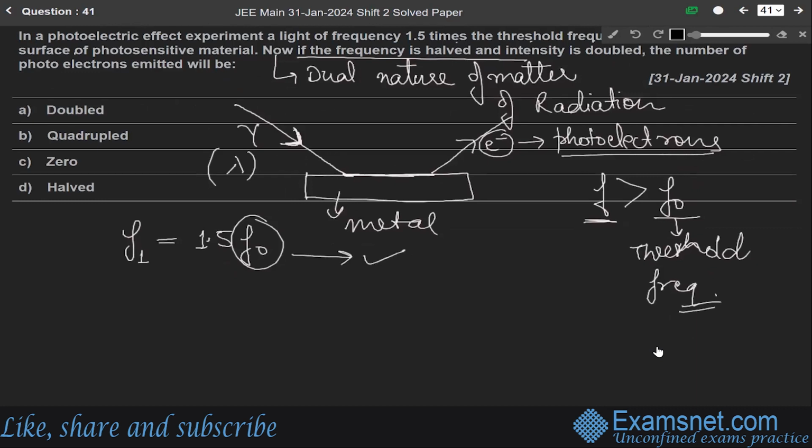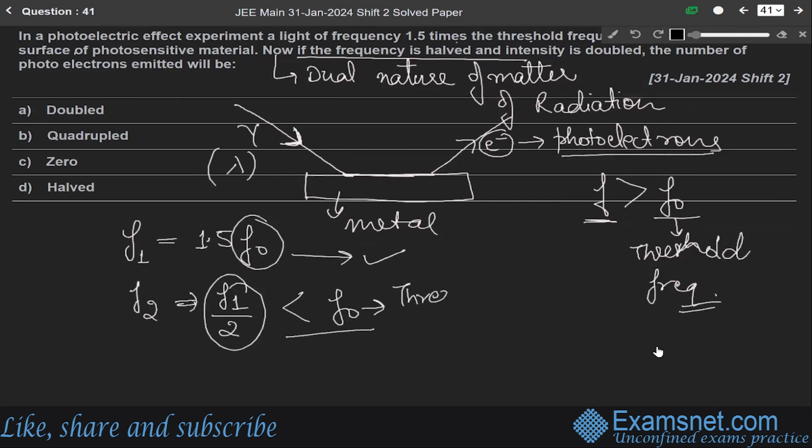So this is the correct condition for the electrons to be ejected from the surface of the metal. Now, if the frequency is halved, let us say f2 is half of f1, so it will be less than f naught. So if the incident frequency is less than the threshold frequency, then no photoelectrons are ejected.